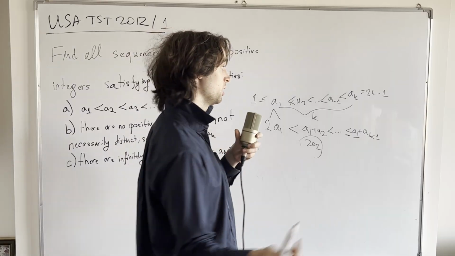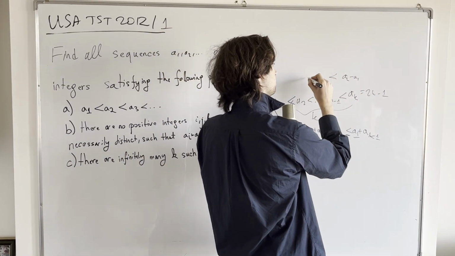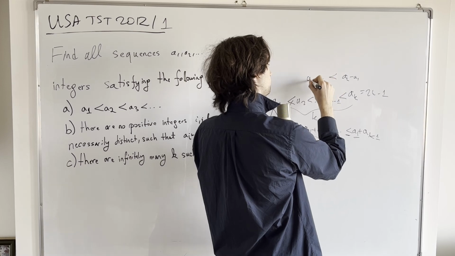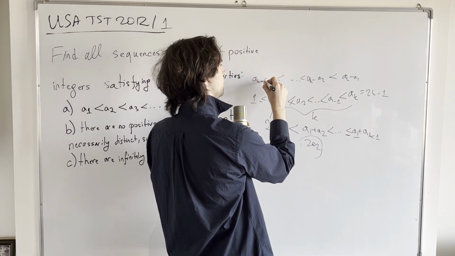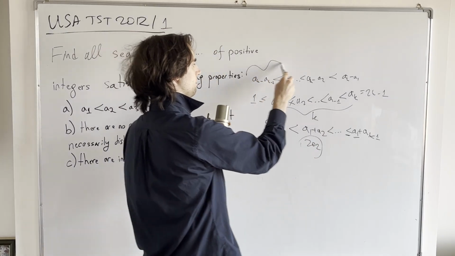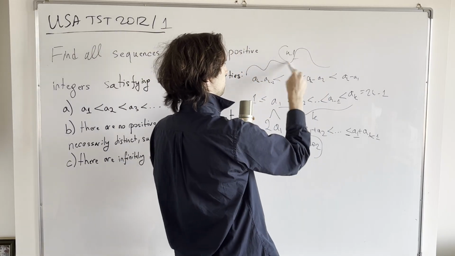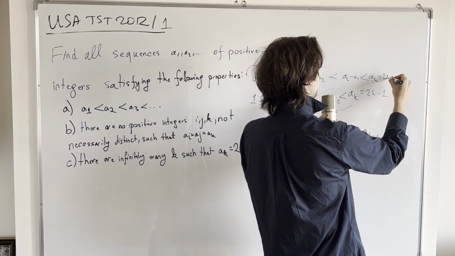Which ones? Well, we have a_k minus a_1 is bigger than a_k minus a_2, bigger than, down to a_k minus a_{k-1}. Now here we have k minus 1 numbers. We know this is less than a_k, which is 2k minus 1.